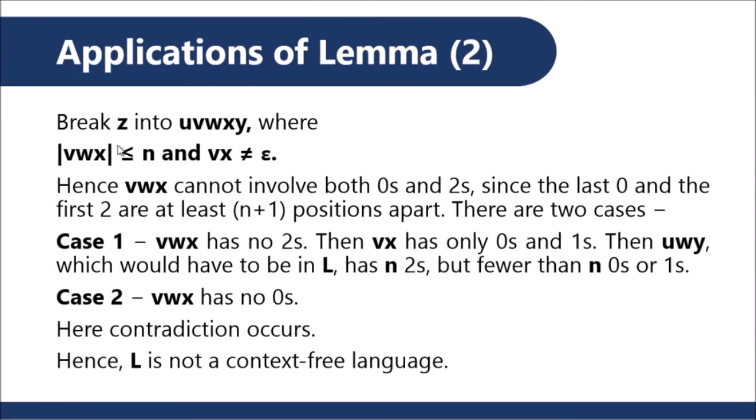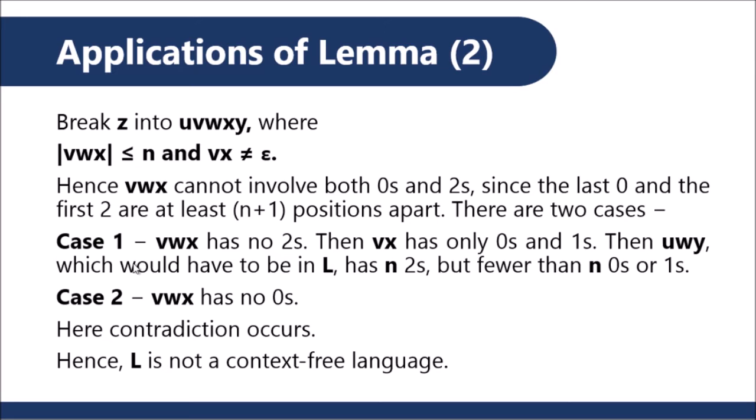Application of the lemma. Break z into uvwxy where the length of vwx is less than or equal to n and vx is not empty. Hence, vwx cannot involve both zeros and twos, since the last zero and the first two are at least n plus 1 positions apart. There are two cases.